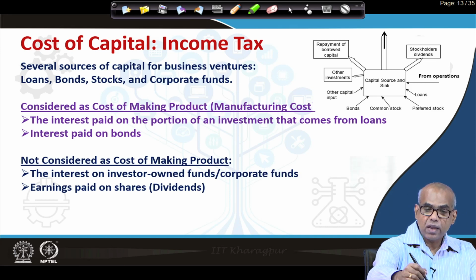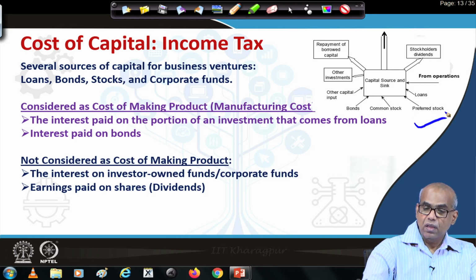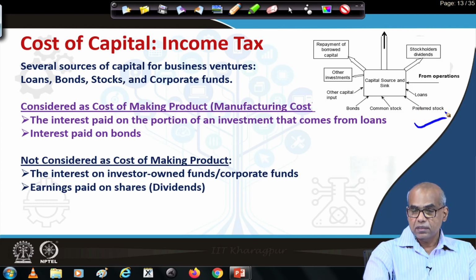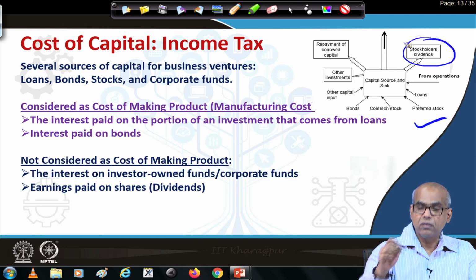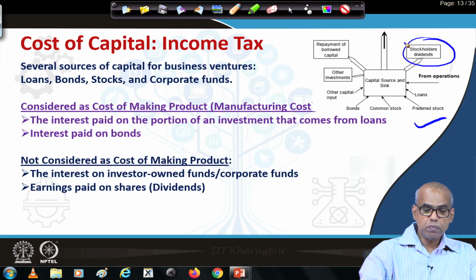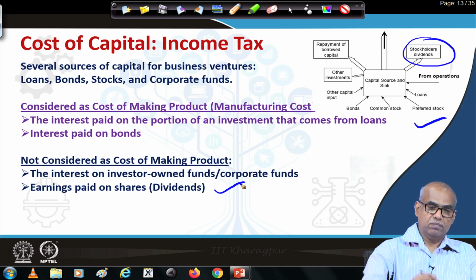If you look at this diagram again, you see that there are outflows from the capital source indicated as shareholders dividends. So, earnings paid on shares or dividends cannot be considered as cost of making product.